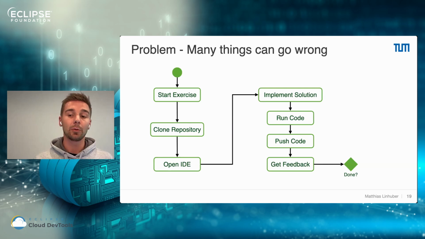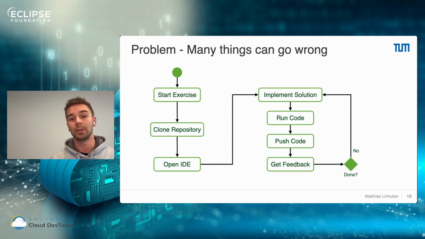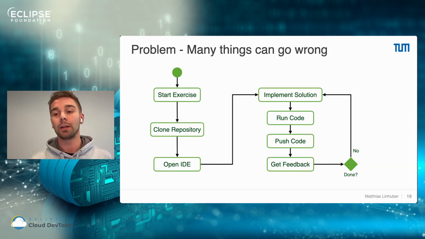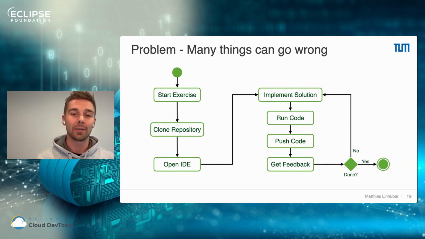Is everything the way I want it to be? Is Artemis happy with me? In case it's not, we need to re-implement a solution, maybe test again, push the code, get the feedback, and at some point we are hopefully done and we can complete the process.